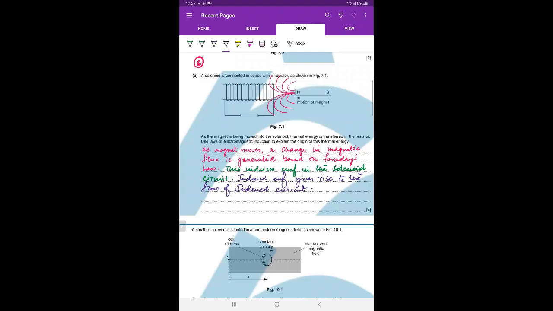The fourth point, according to Lenz's law, this induced current opposes the motion of the magnet.